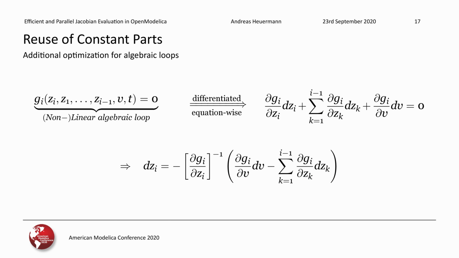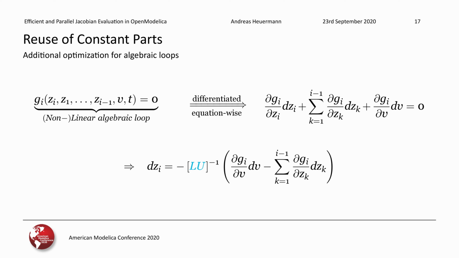When we now look at an algebraic loop of gi and differentiate it equation-wise, we get the equation system you can see on the right side of the slide. Rearranging this into explicit form again, we get a linear system to compute the directional derivative of zi.